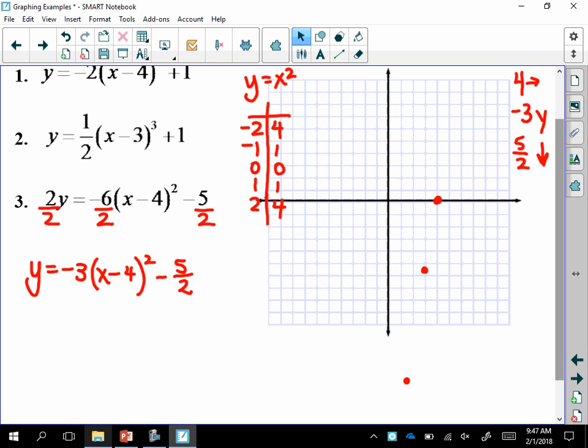Multiply the y coordinate by negative 3. That's going to leave it at 0. And then move it down 2.5. This point is its reflective point, and same thing here. And then we just draw in our parabola.